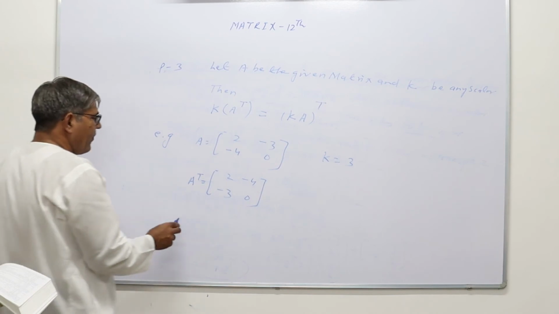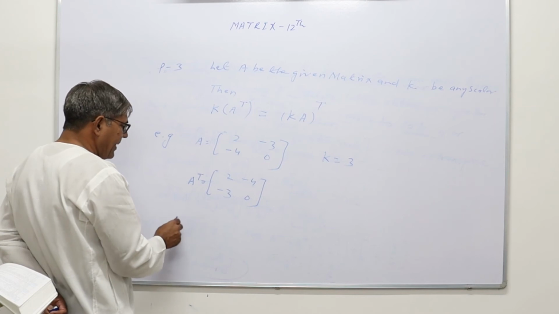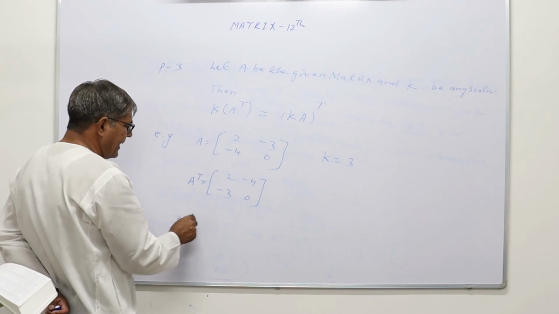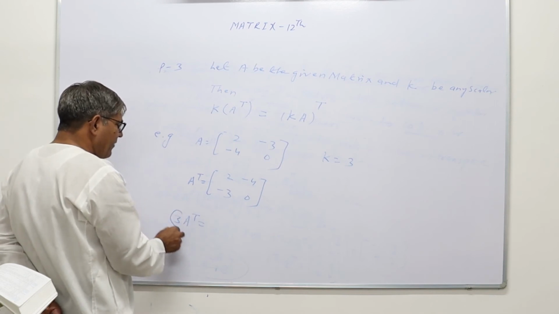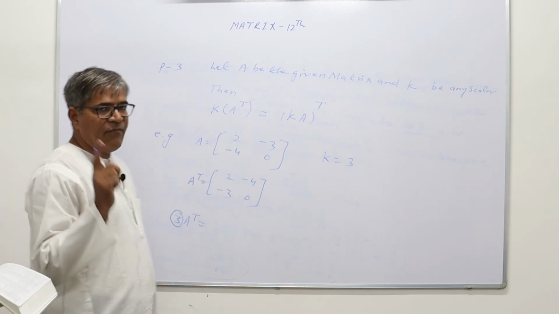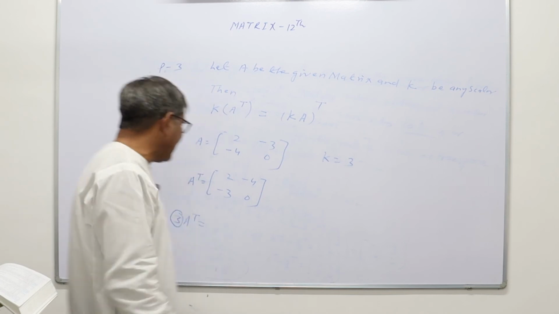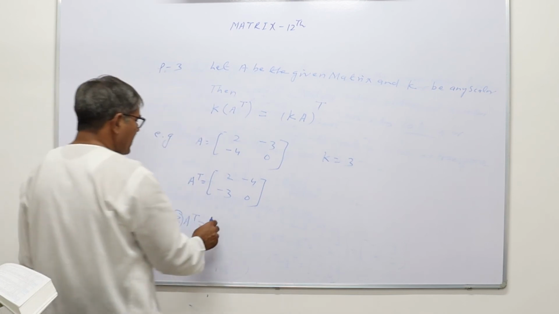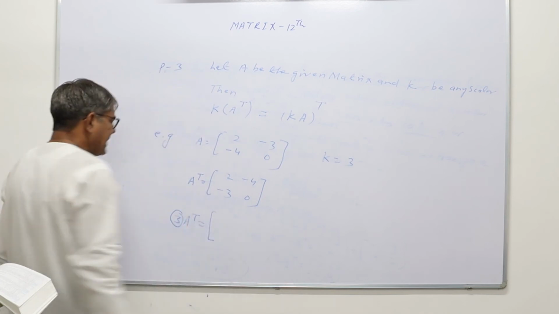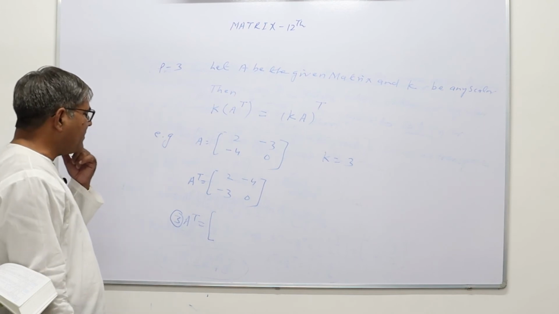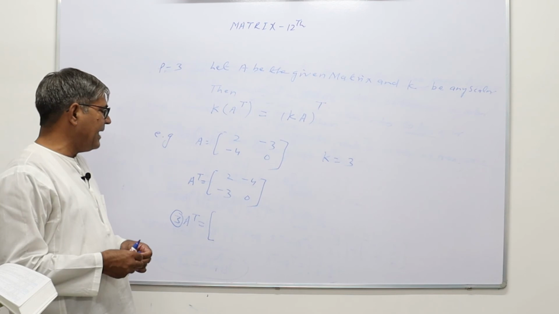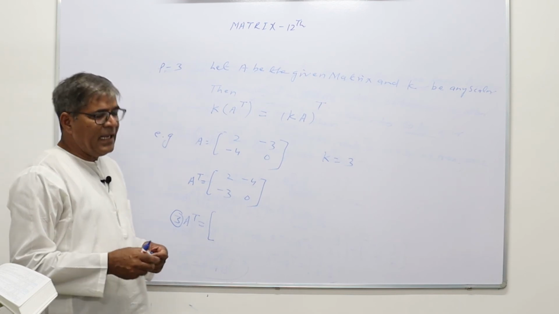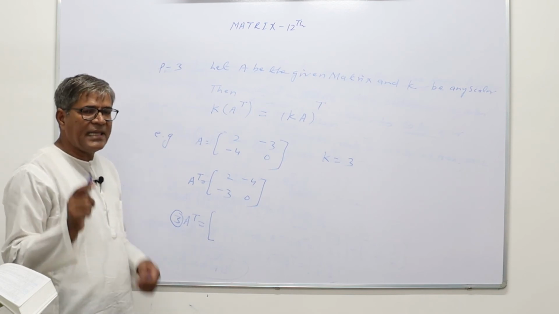Now if we have to find the scalar multiplication, that is 3A transpose, then this scalar 3 will be multiplied with every element of the matrix, because we learned this in scalar multiplication of any matrix. Whenever we multiply any scalar with a matrix, we multiply the scalar with every element.